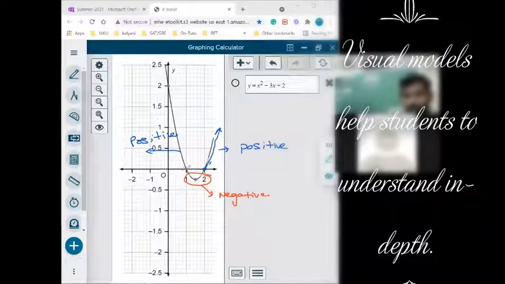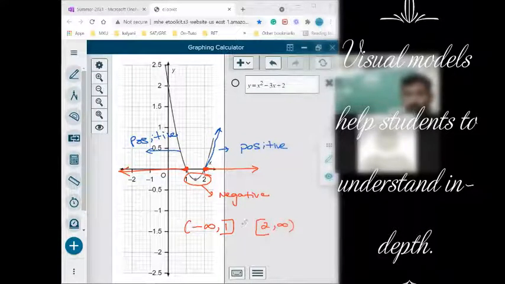But I can take 1 and below, which I can write as negative infinity to positive 1. And I can also take positive 2 and up, which is 2 to infinity. So it is a union, both together.